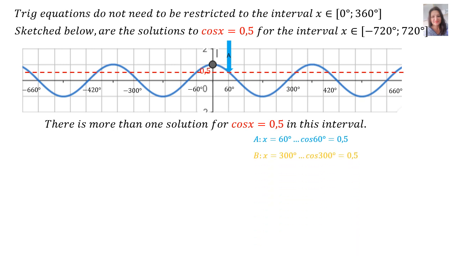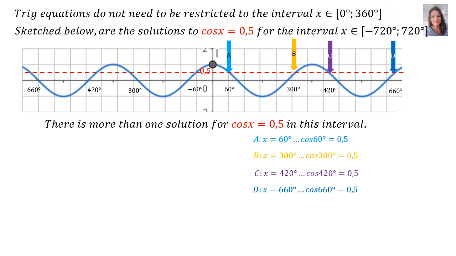When you do cos 300, you will see the answer is 0,5. Cos 420, the y is 0,5. Cos 660, the answer 0,5.